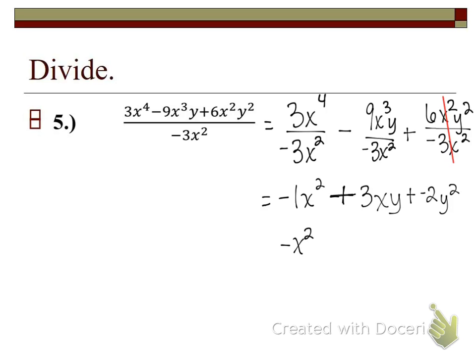What still needs to be there? Y squared. Now, we need to clean this up just a little bit because I don't want to see plus a negative. How should we write that? What is it, Jasha? Yes, it turns into subtraction.